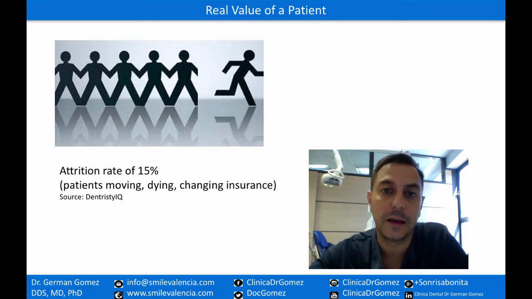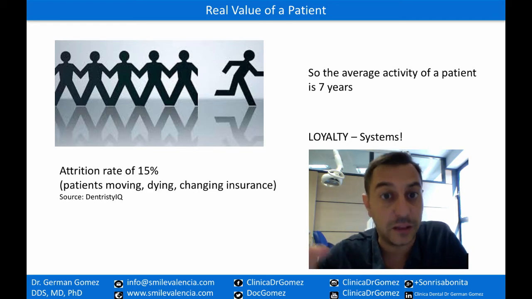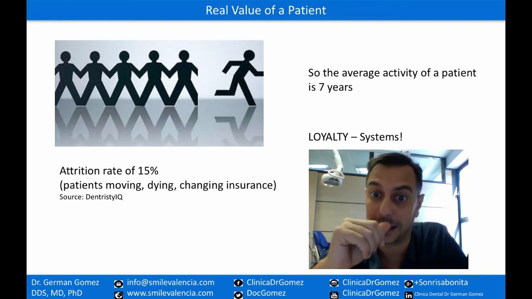So we can say that the patient is active in your clinic around 7 years. That's a very conservative assumption. Okay? So if a patient is active 7 years in your clinic and every year he spends 500 euros, so it's more or less 3,500 euros that his value is in your clinic.